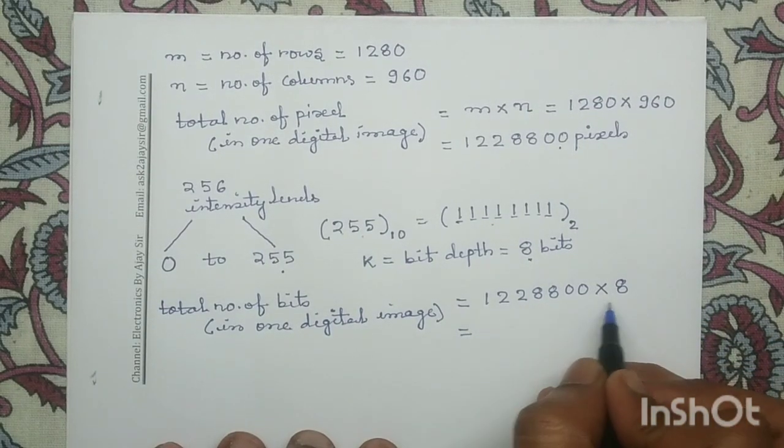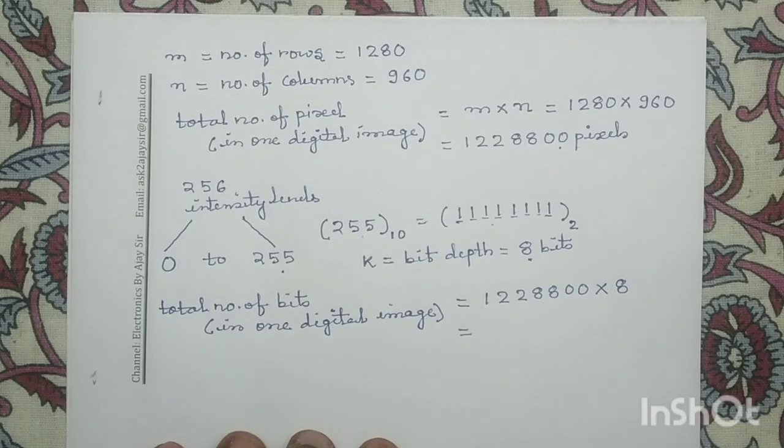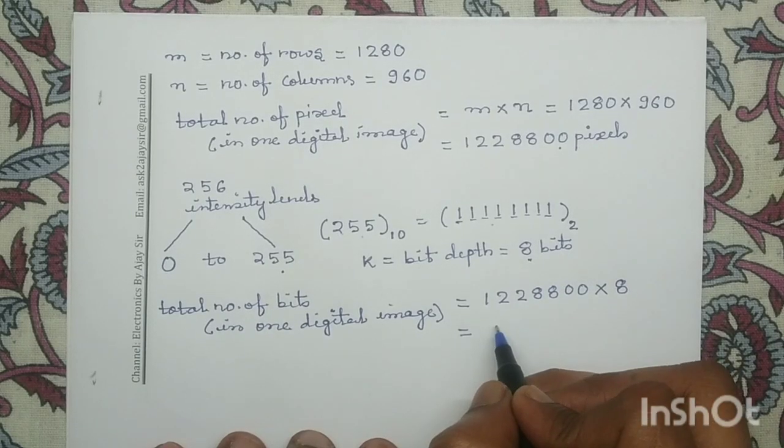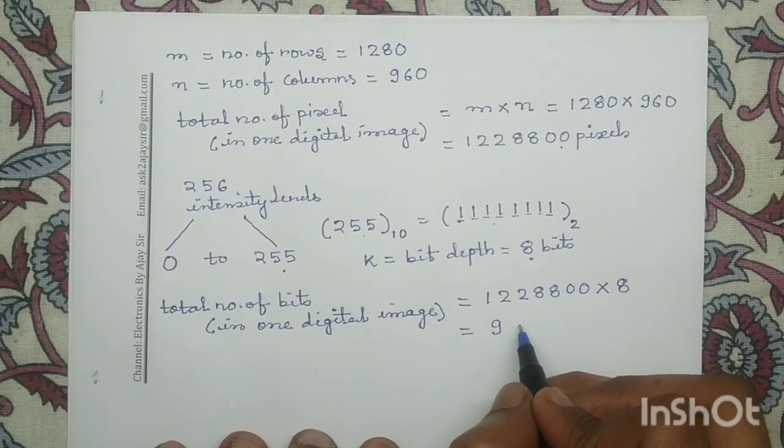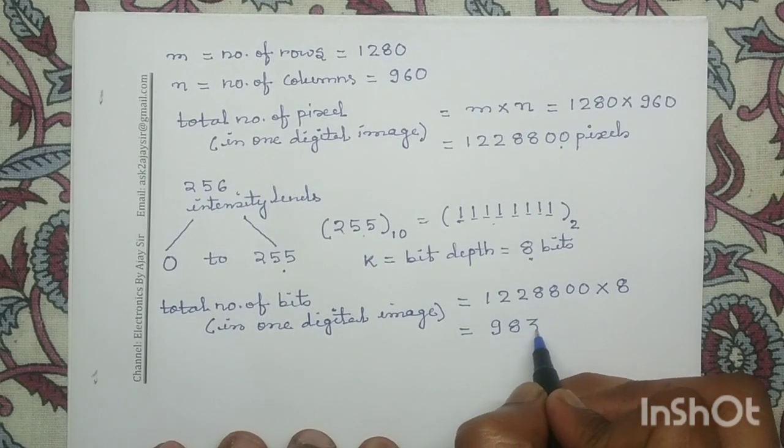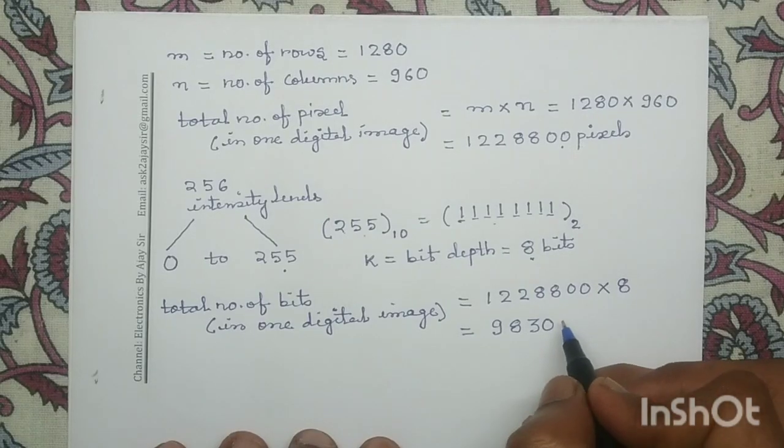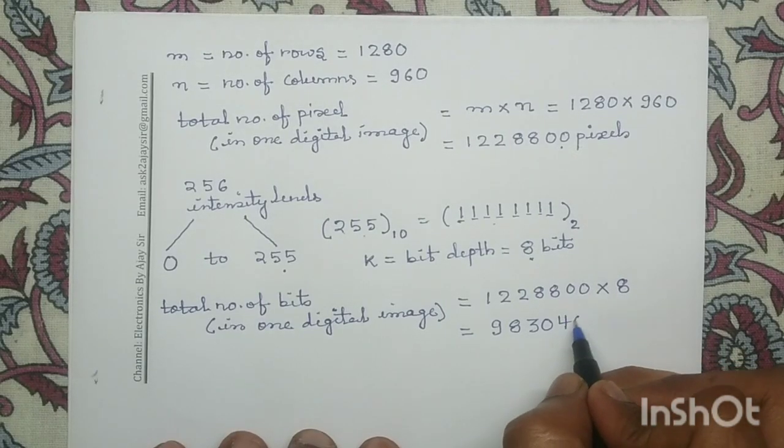If you simplify this, you will get the total number of bits in a given digital input image, and it is evaluated to be 9830400 bits.